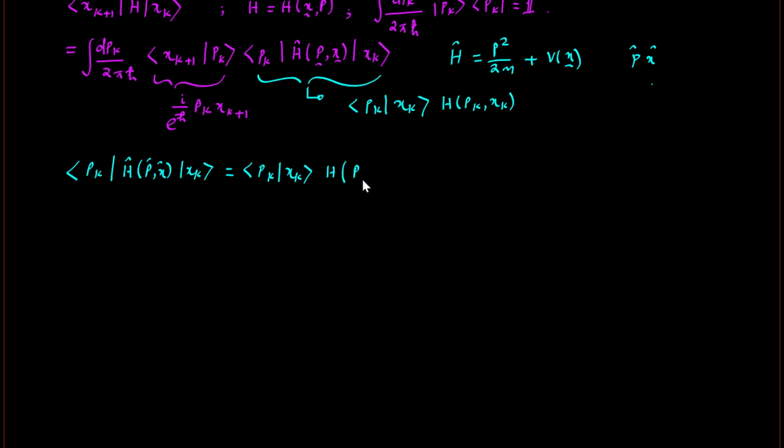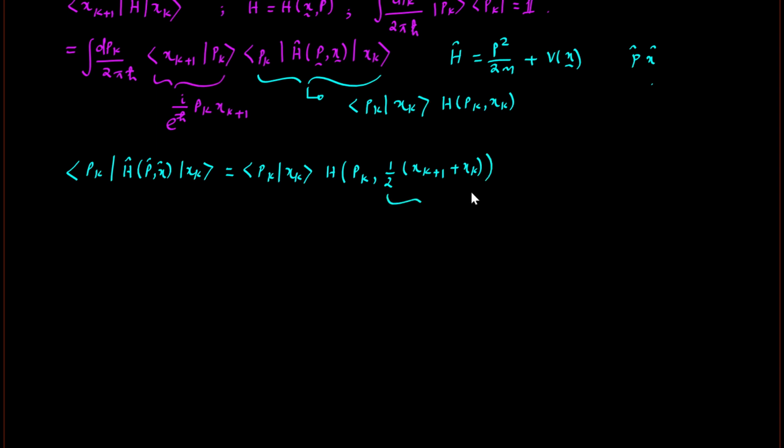But here this H can contain a mixed product like this, so I can use the Weyl operator ordering technique, which is nothing but the average over all possible orderings. So in this case we will have half of (x_{k+1} + x_k).